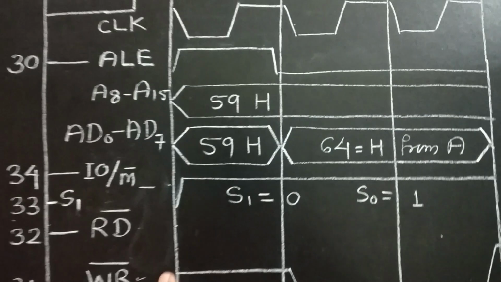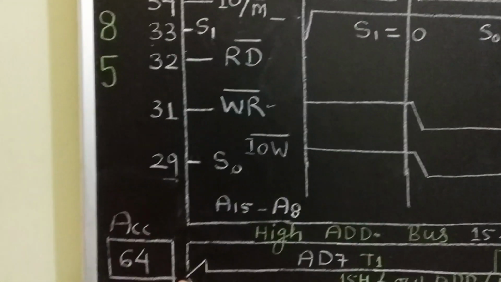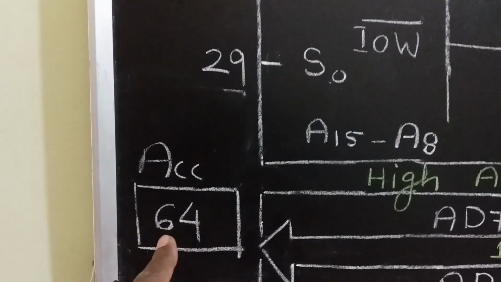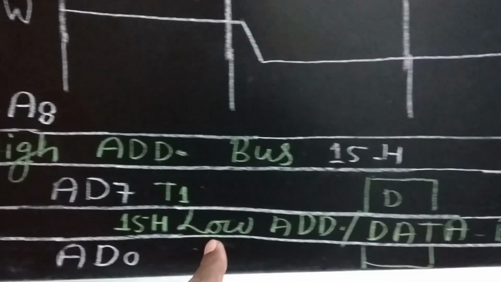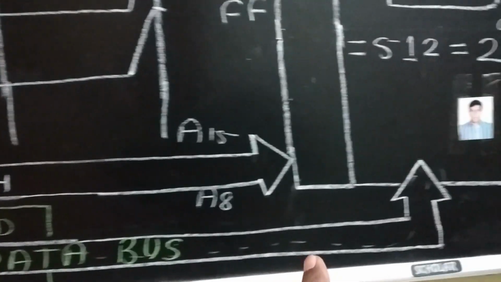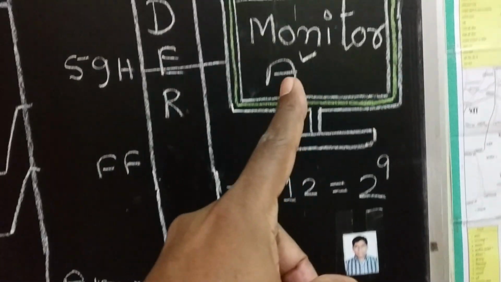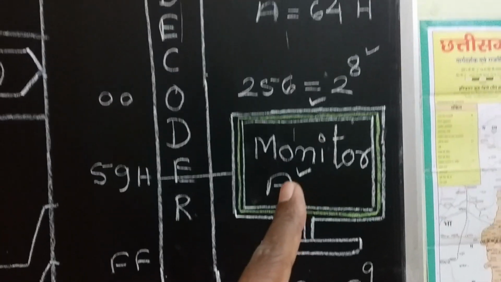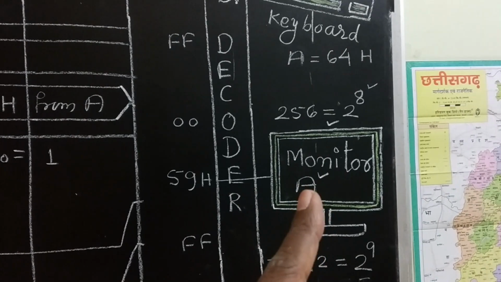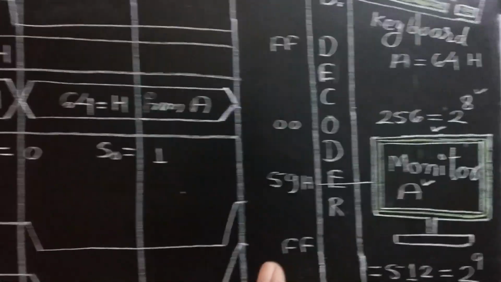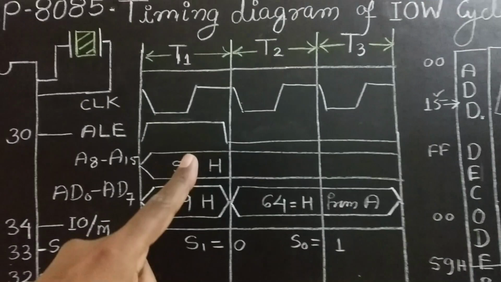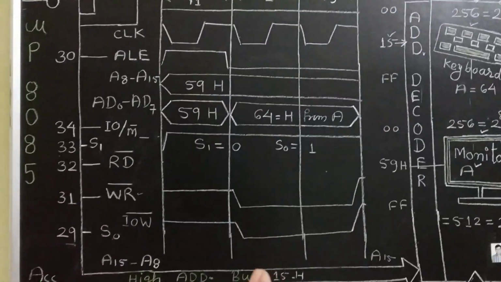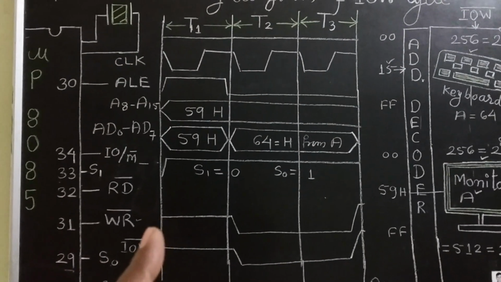Thus the data from the microprocessor, this 64H, will be transferred via the data bus to the monitor, and at the monitor the equivalent of that 64H, which is A, we will see. So this is the complete timing diagram for the IO write cycle as you are seeing. So thank you very much.